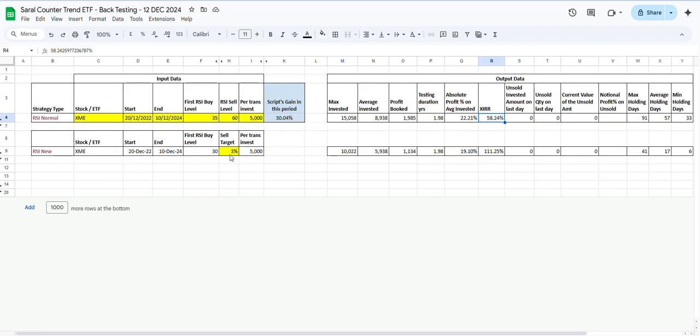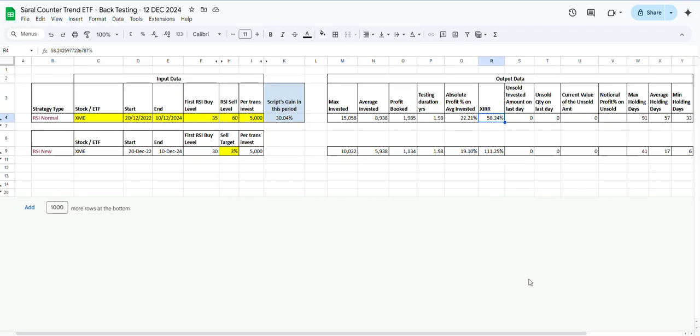But in this variation, the new system, we are going to keep the profit target at only 3%, and we will buy and sell as soon as we get 3%. You can modify it, make it 4%, 5%, 6%, depending on what you are trying to achieve. This system gave returns of 19% only, but the XIRR was 111%.